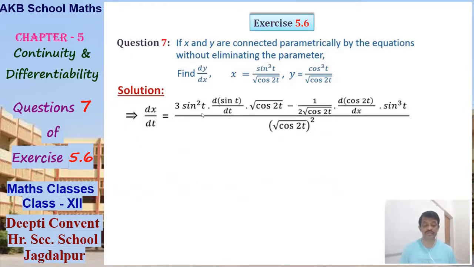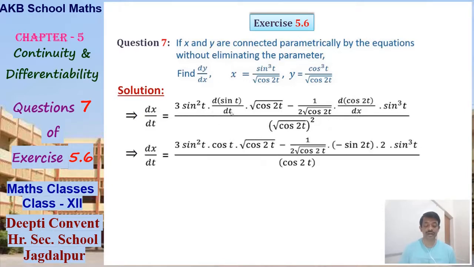Same, but differentiate: 3 sin²t d(sin t)/dt, and minus, here also differentiation, 1 upon 2 root cos 2t d/dt of cos 2t. So the derivative of sin is cos t, and cos 2t minus 2 sin 2t, minus sin 2t into 2.